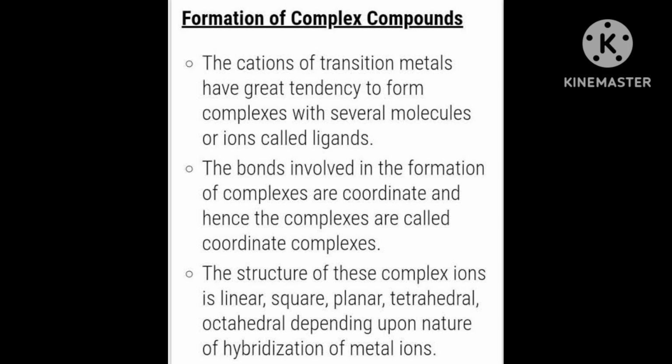And chromium 3+ is also 3d3, it is also violet. And manganese 3+, Mn3+, is 3d4, then this is violet. Now you are seeing that we are considering mainly d electrons in d orbitals, which are mainly responsible for color.